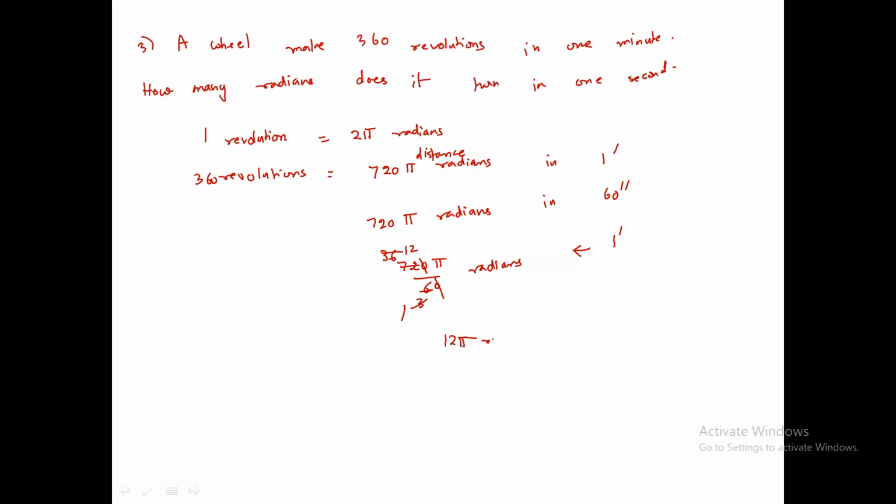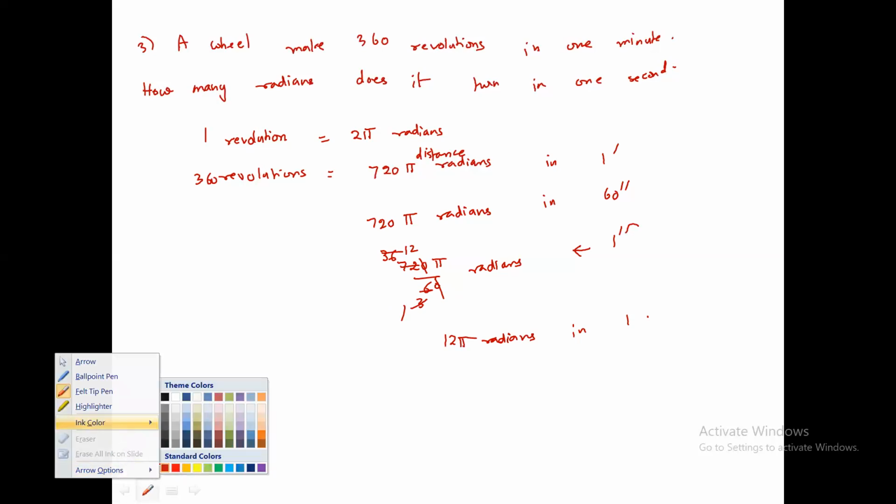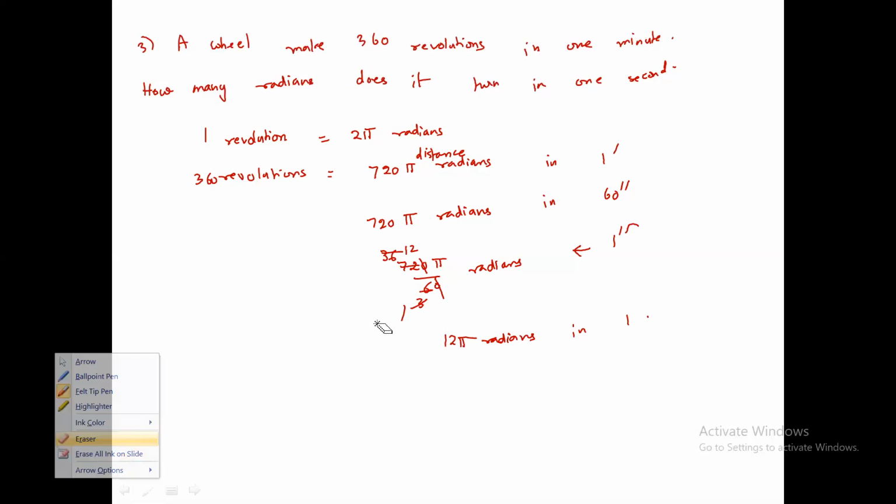So it has moved 12 pi radians in 1 second. They're asking you the angle it has moved in radians. How many radians? This is how you will get the answer.